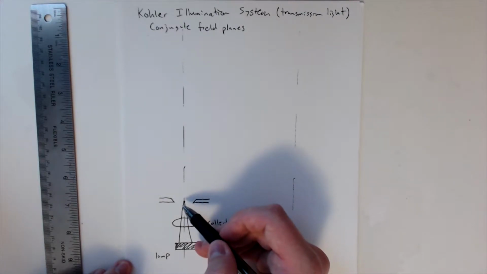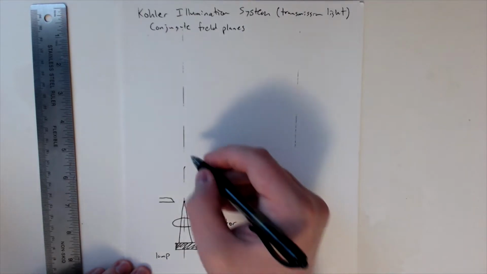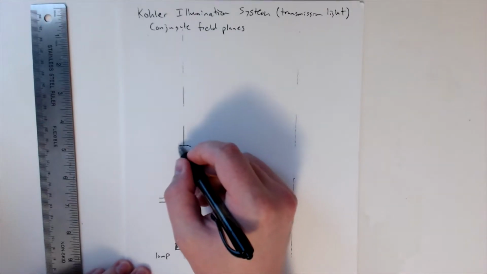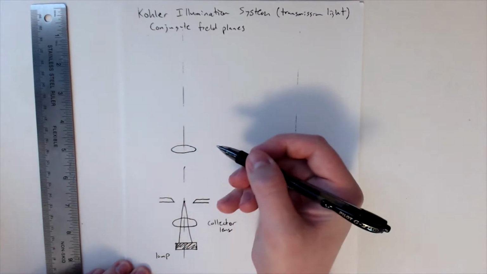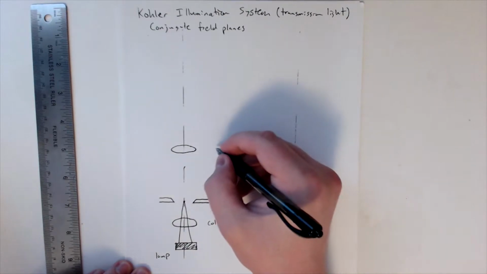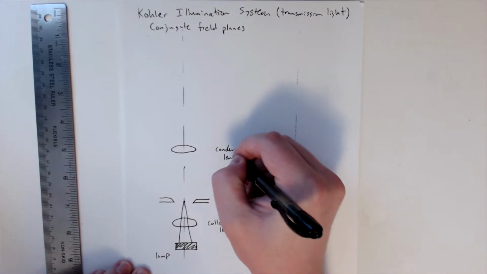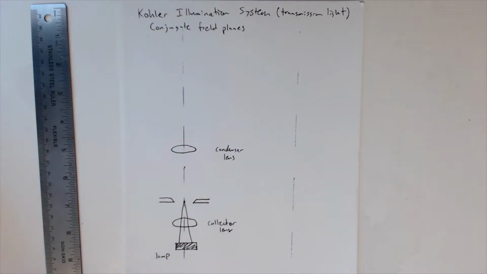Now it becomes divergent to our condenser lens. So our condenser lens is up here. These ellipses are just representative of lenses. And so this is my condenser lens. Again, we talked about this briefly in the overall construction of the light microscope. That's what collects and produces a light source onto the specimen itself.